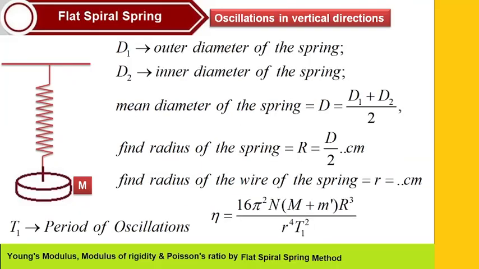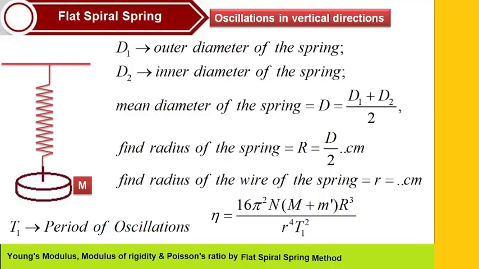Capital D1 is the outer diameter of the spring, capital D2 is the inner diameter of the spring, and the mean diameter of the spring, capital D, is equal to D1 plus D2 divided by 2. Now find the radius of the spring, capital R, equal to capital D divided by 2 in centimeter, and find the radius of the wire of the spring, small r, in centimeter.